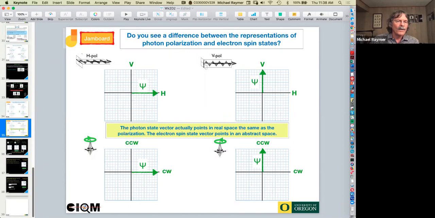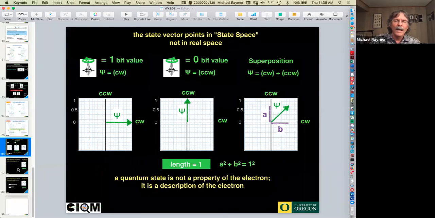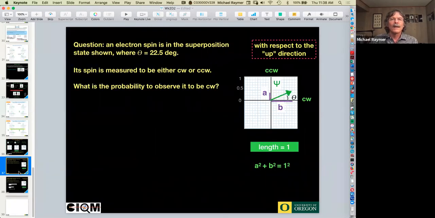I think I have to go to this slide here, and then this slide here. Okay, so now here's a little bit more challenging problem. But it's very much analogous to the photon problems that we did earlier on the Jamboard. So electron spin is in the superposition states shown, the green arrow, with an angle here of 22.5 relative to the state which represents clockwise.